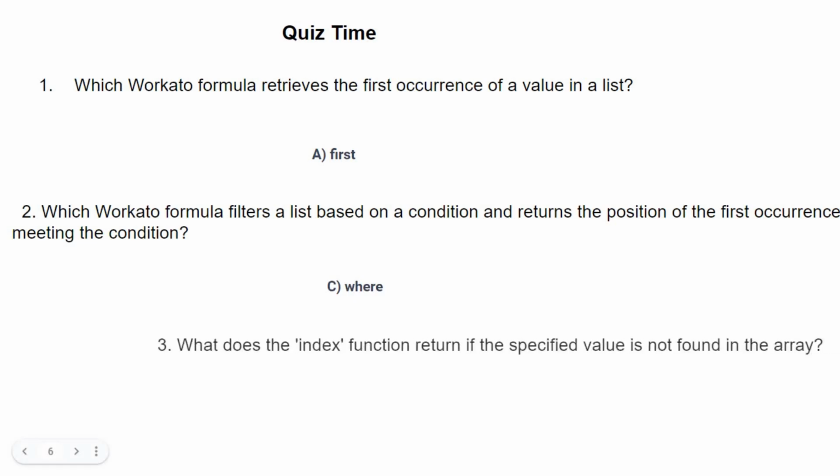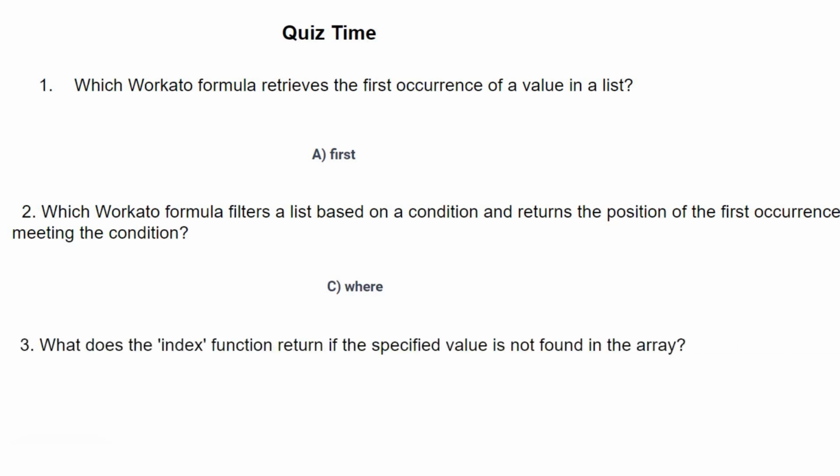The third and final question for you is: what does the index function return if the specified value is not found? The options are -1, 0, null, error. It's a little bit tricky, but for example, we had 1, 2, 3, 4, 5.